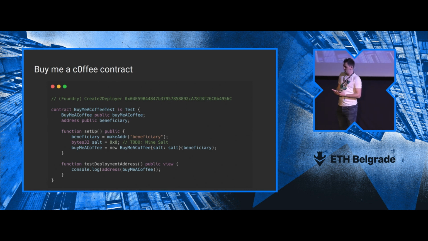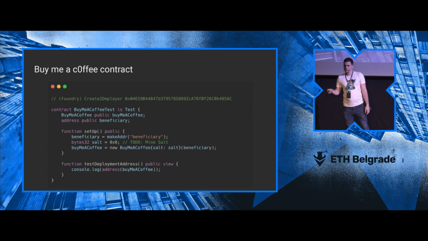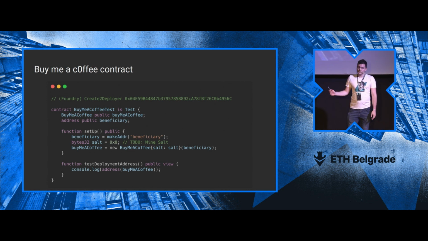Setup is pretty basic: we have one beneficiary address, a completely default one. We have salt, which is currently set to 0, so we need to mine that salt. And finally, we have this syntax you already saw from Foundry with those curly braces, salt equals salt.